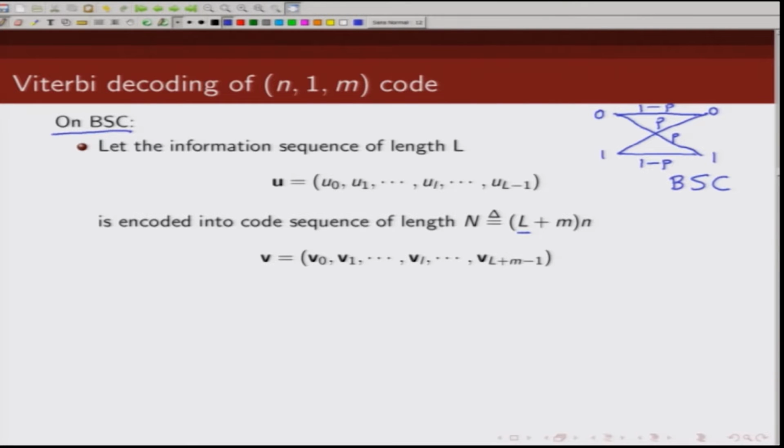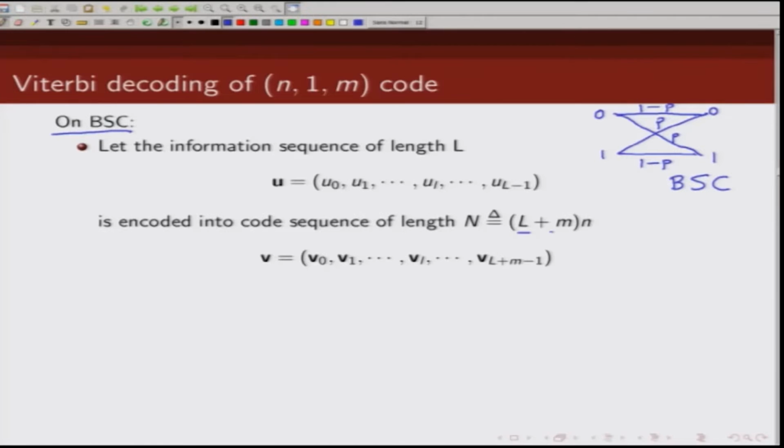Remember, we are terminating the convolutional encoder, so we require m bits to bring it back to the all 0 state. So the total number of bits including the tail bits will be L plus m, and since it is a rate 1 by n code, the code sequence length will be L plus m times n.